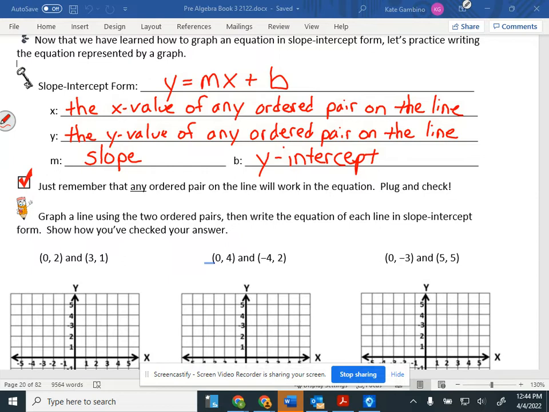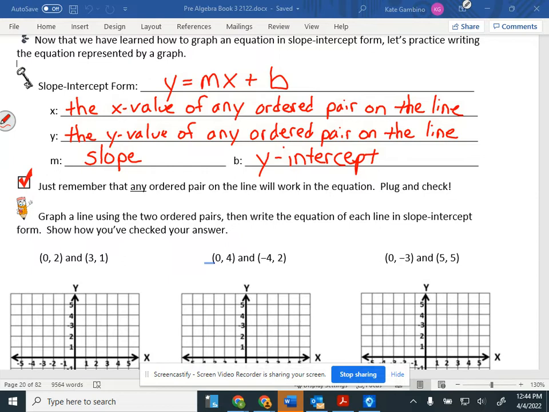You just have to plug it in and check. If you plug in the x that goes with the y, it will equal the right thing.